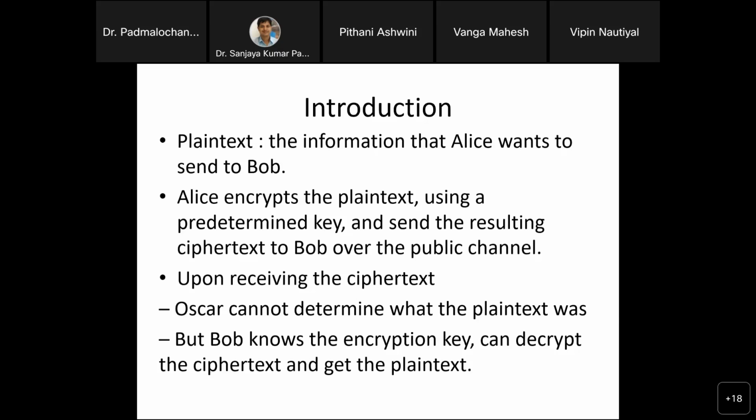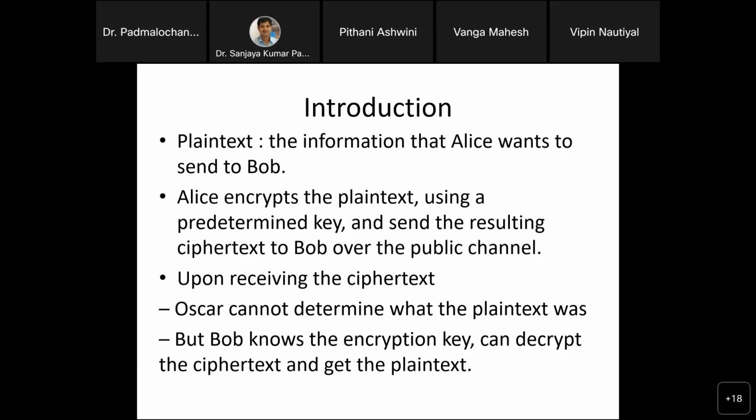In general, cryptography is an encoding technique that takes a plain text and uses a predetermined key to encode it into a ciphertext, which is then sent through a public or insecure channel to the receiver. Upon receiving the ciphertext, the receiver uses its decryption key to decrypt and get the message. This is when data is in transit.